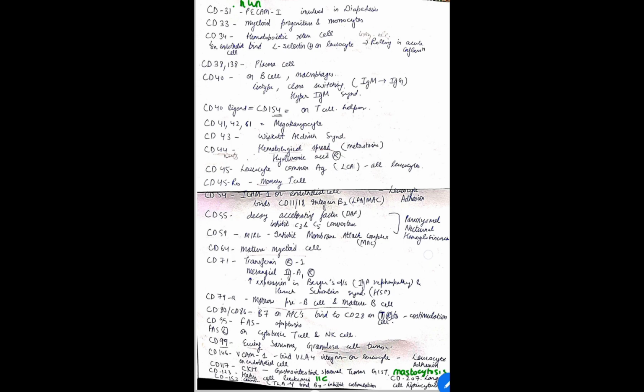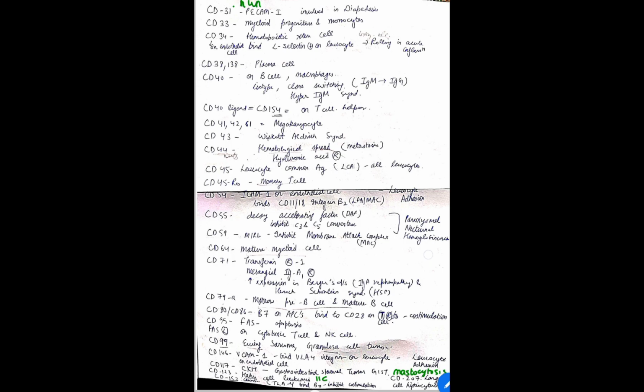Then CD117, c-KIT mutation, that is in GIST and is also there in mastocytosis, and extra in mastocytosis is tryptase. And CD123. CD123 is in hairy cell leukemia, and CD11C was also linked with hairy cell leukemia. Then we have CD152.